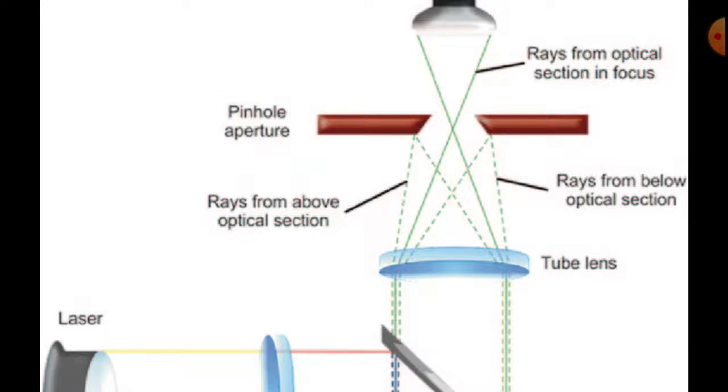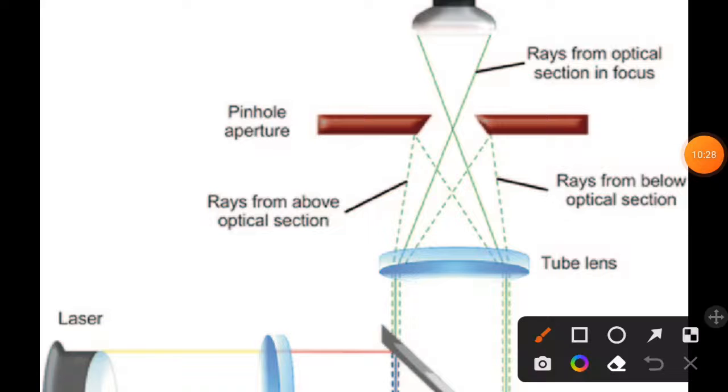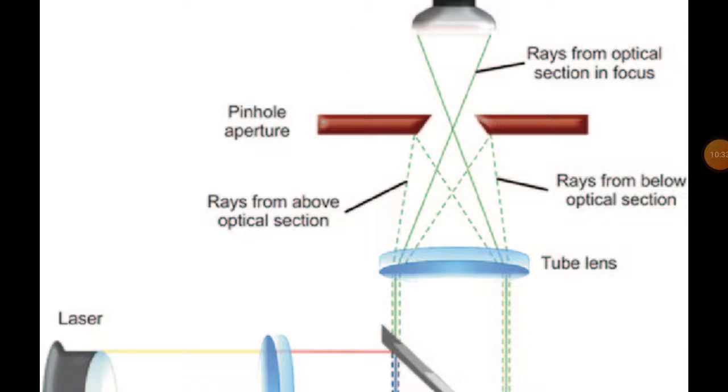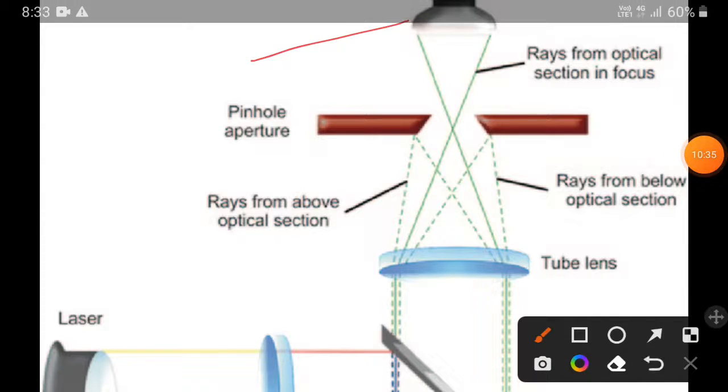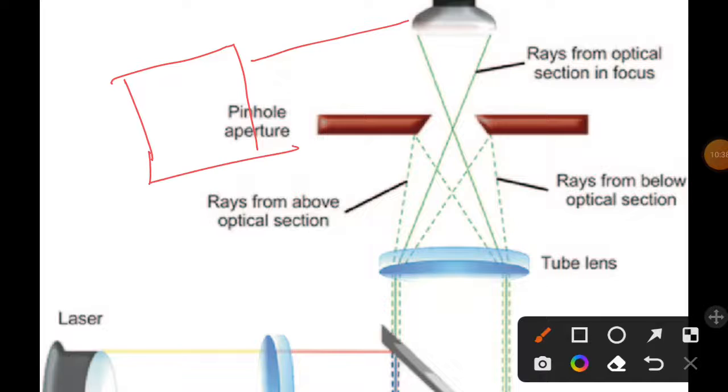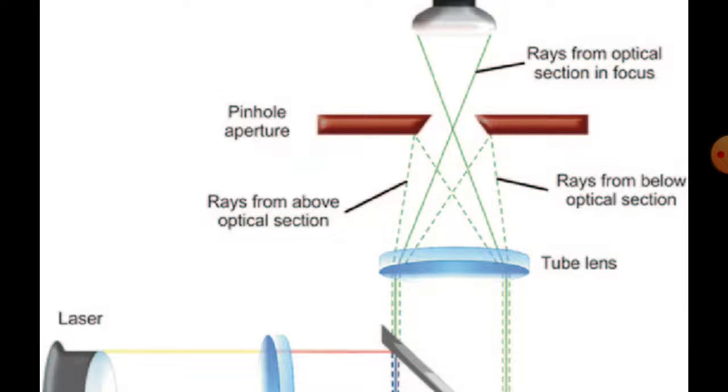Another important difference between epifluorescence microscopy and confocal microscopy is that here we are not directly observing with our naked eyes. The detector will be attached to a computer program. This computer program will take the digitalized information of each plane of the focus. Let me explain it more clearly.